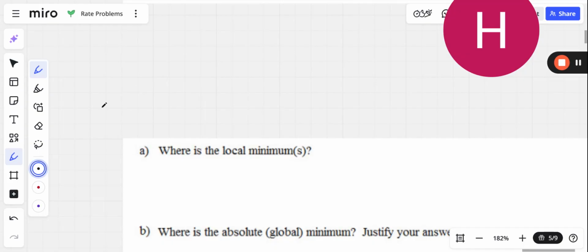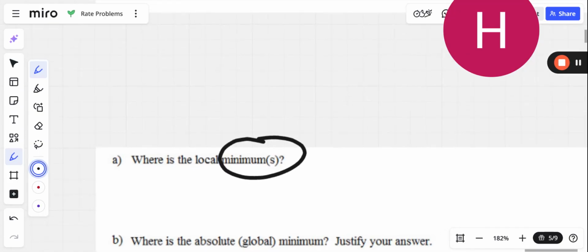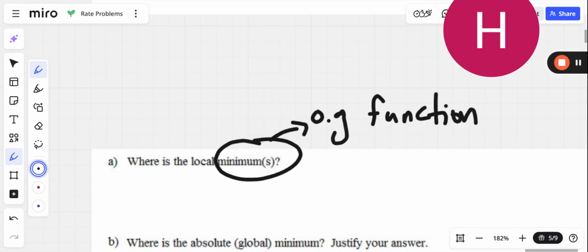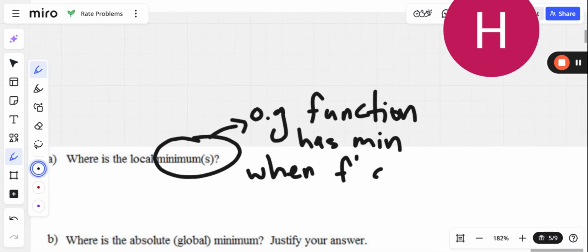Where is the local minimum? I think they mean of the original function, by the way. The original function has a minimum when f prime goes negative to positive.